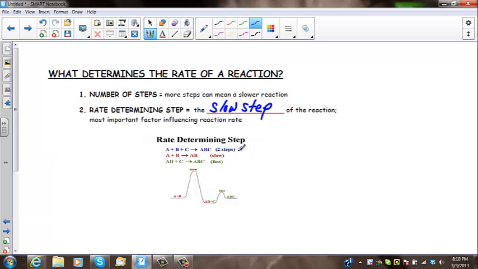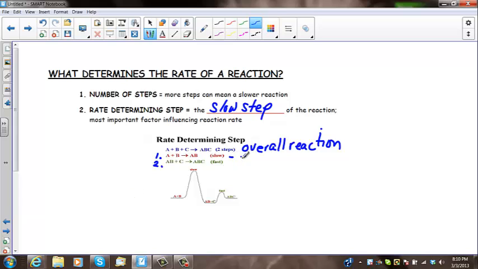So here I have a reaction. This top one is called the overall reaction. And then I have 2 subsequent steps that happen to make this overall reaction take place. So we have step 1 and step 2. And step 1 is the slow step.